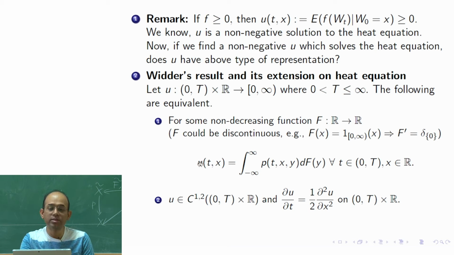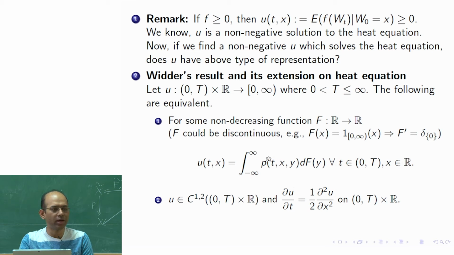Statement number 1 is saying that this non-negative function u is written as if it just solves the heat equation, because it looks almost the same but is more general actually. The antiderivative of small f appears, correct. So the second condition is that it solves the heat equation.